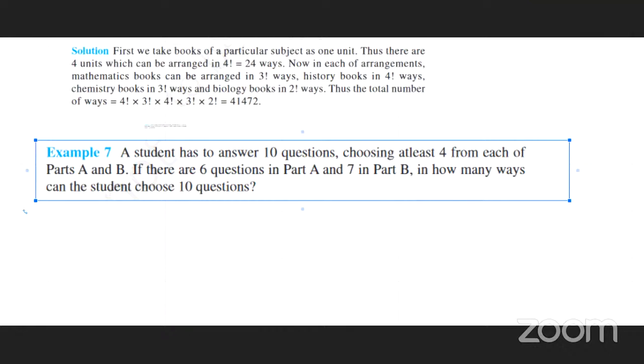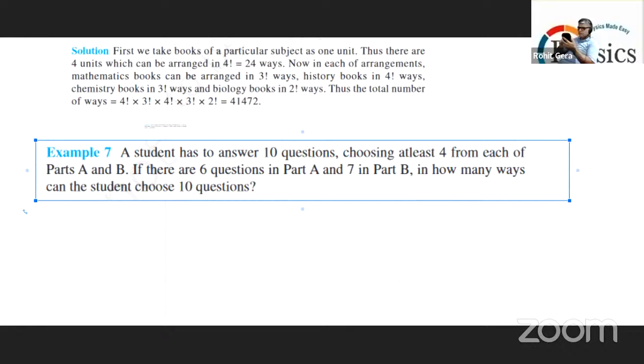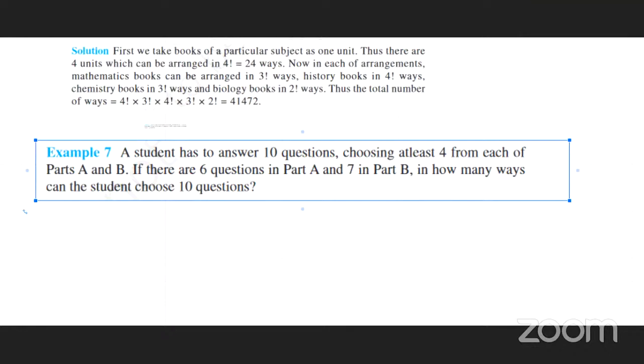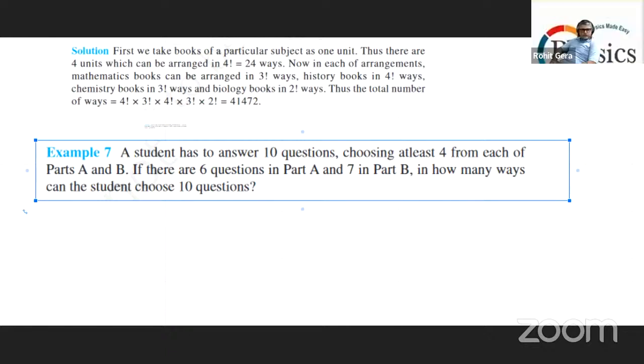Sir, if he chooses 3 questions from part A, and choosing at least 4 from each part.